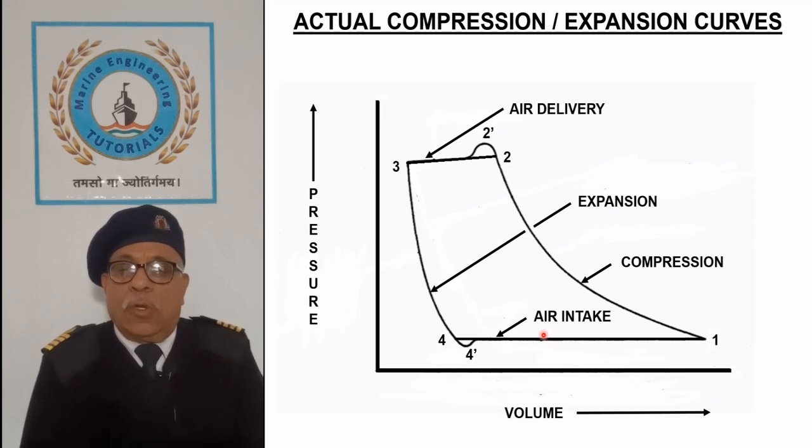Theoretical suction stroke is represented by the process 4-1, which is actually reduced to 4'-1. Pressure in the cylinder has to drop below atmospheric to draw the air inside.